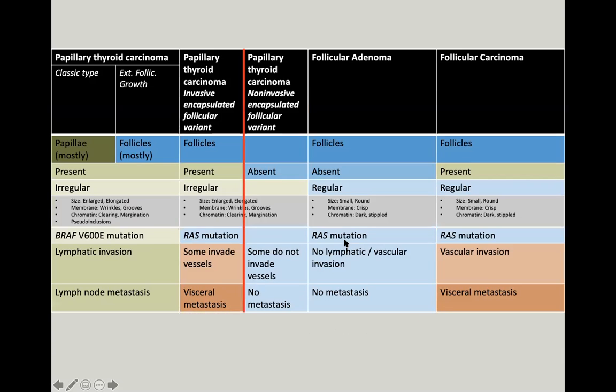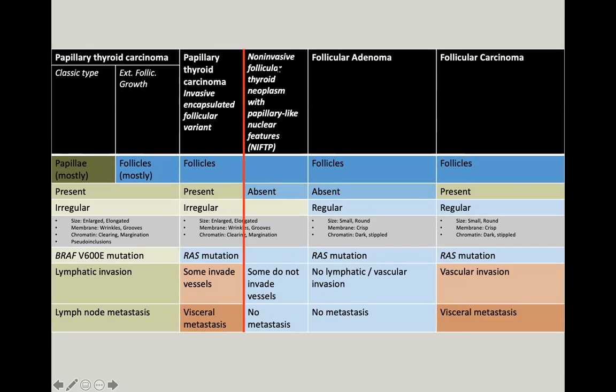So a cleaner line was drawn to separate papillary thyroid carcinoma, non-invasive follicular variant, and papillary thyroid carcinoma, invasive. The name of this was changed to NIFT-P, right? How I like to characterize NIFT-P is very similar to a follicular adenoma, both genetically and biologically, but different in the characteristics of the nuclei.